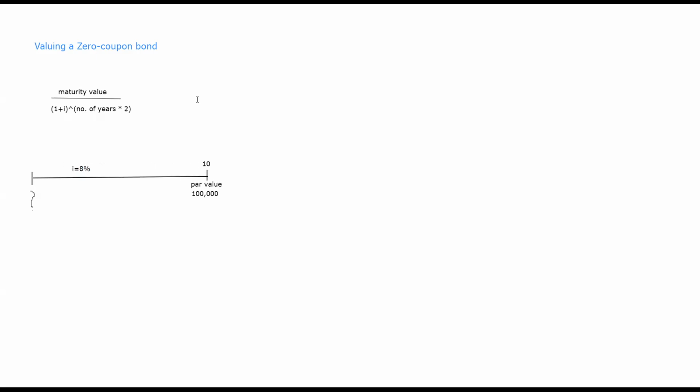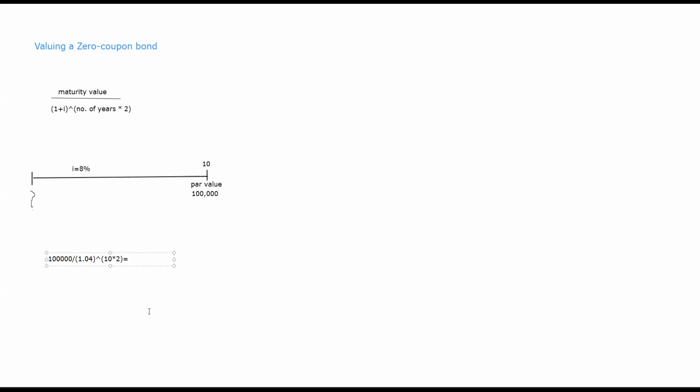So how will we value this bond? It will be simply 100,000 divided by 1.04. Remember, it's semi-annual pricing, so we have to divide the interest rate I by 2, raised to the power of the number of years, 10 multiplied by 2.